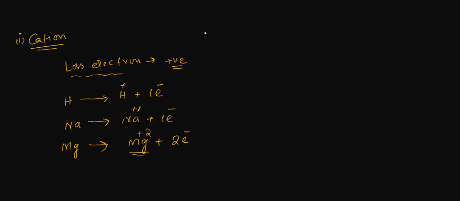Now we look at the anion. It is just the reverse of, opposite to, that of the cation. When an atom gains an electron and becomes negatively charged, it is called an anion.